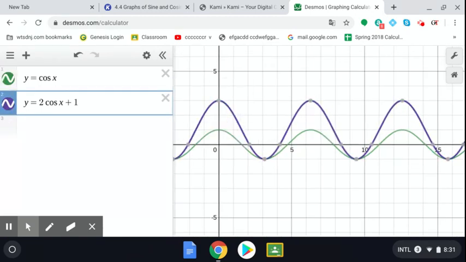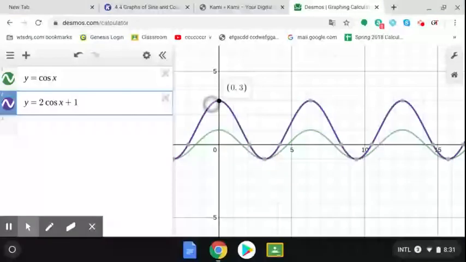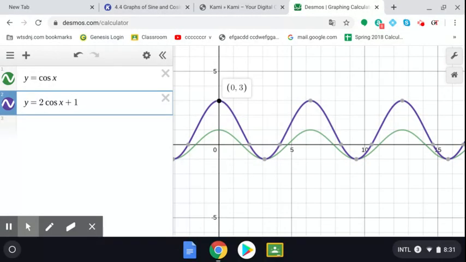Okay, so this point here is 0, 3. Remember, the amplitude is 2, but everything has been shifted up 1. So 0, 3, and then this point here is when pi, negative 1.